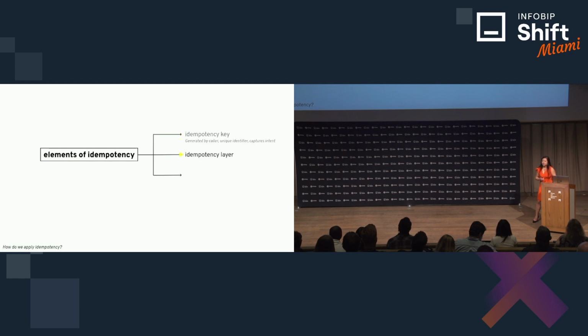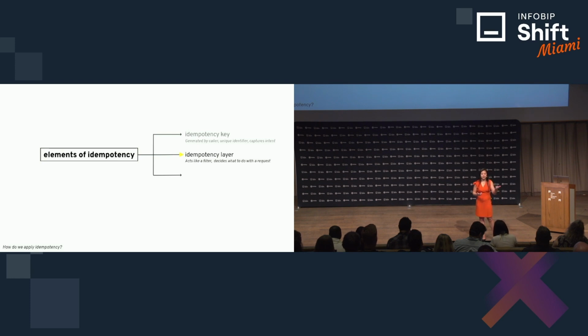The next thing that we need here is an idempotency layer. In the context of what's happening here, this might be on the API layer, this might be in the middle layer or middleware. But this is what acts like a filter. This is what decides what to do with that request.